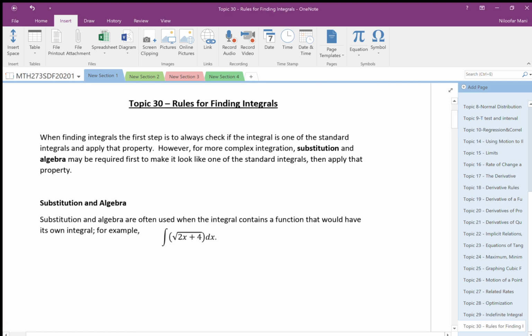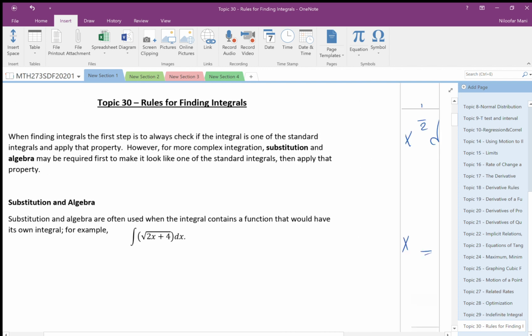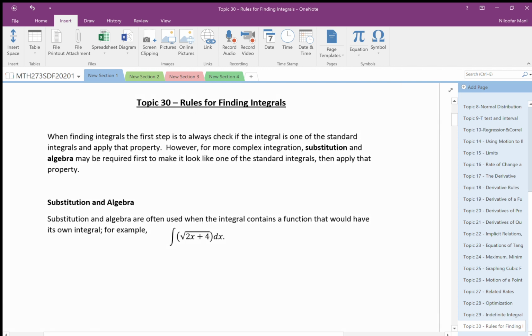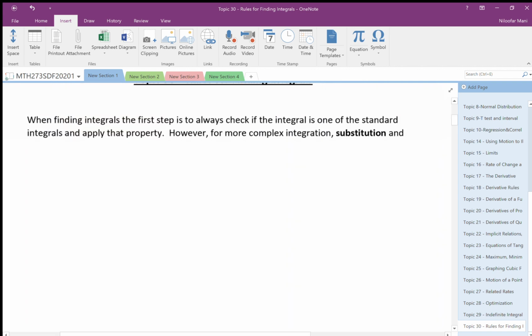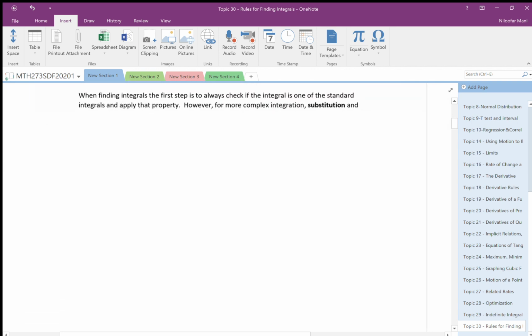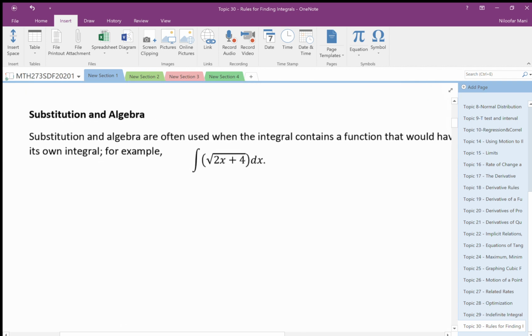So, rules for finding integrals. Look at this question. Oops. What happened? Okay. What is this integral? You say it's integral radical. And I already did radical. Where is it?